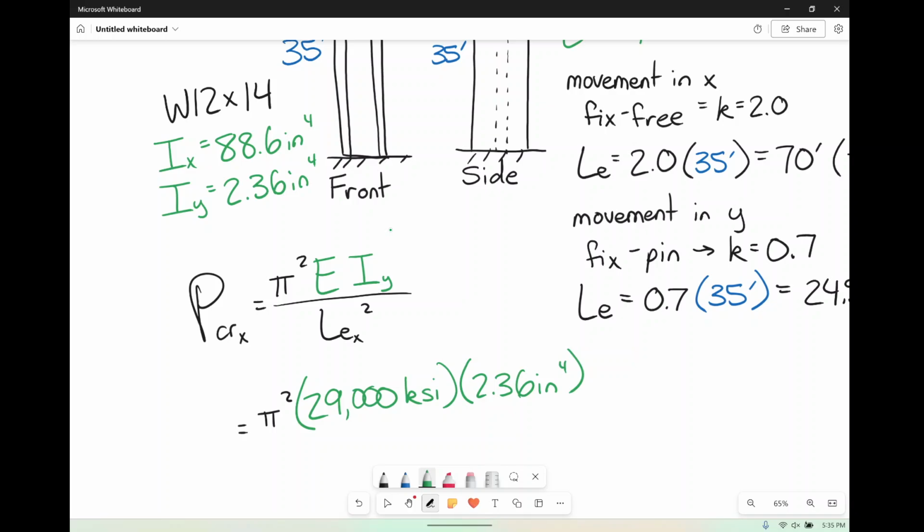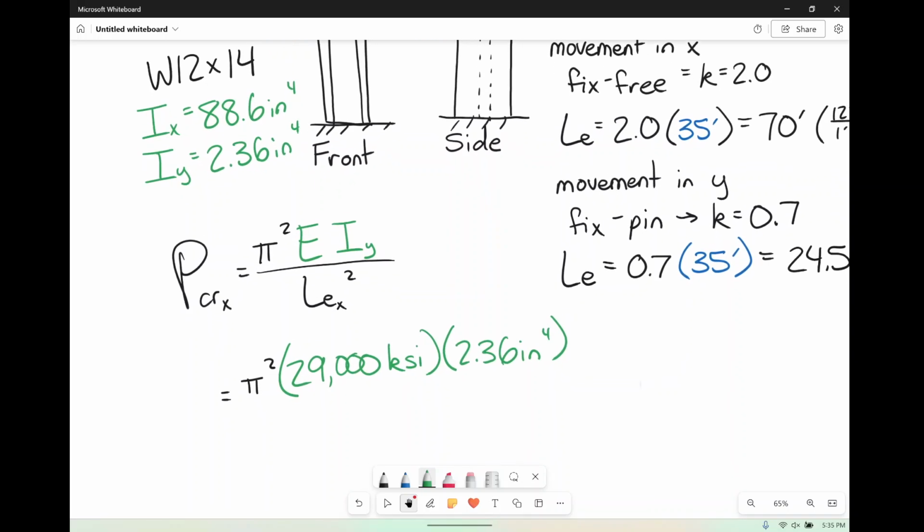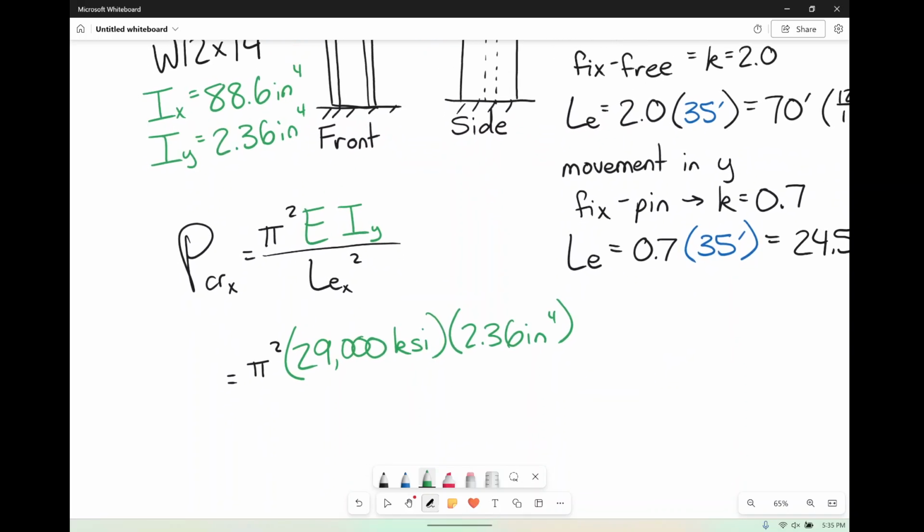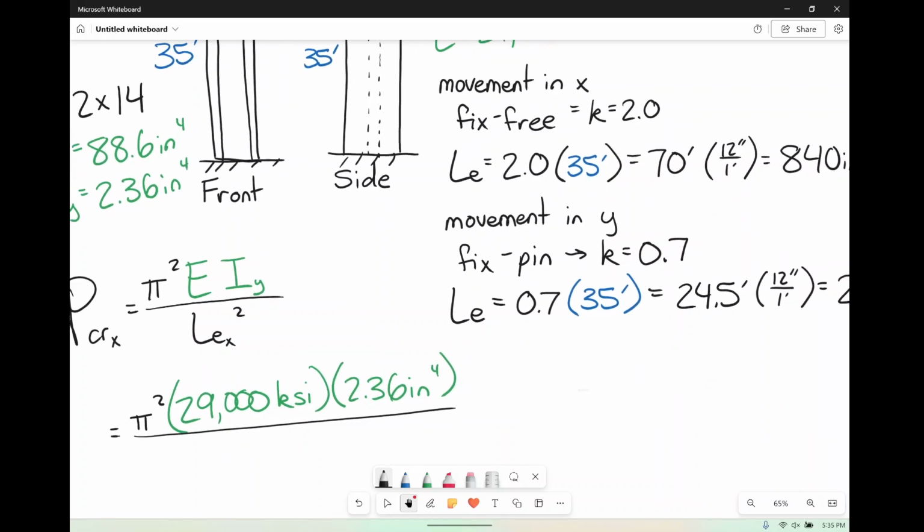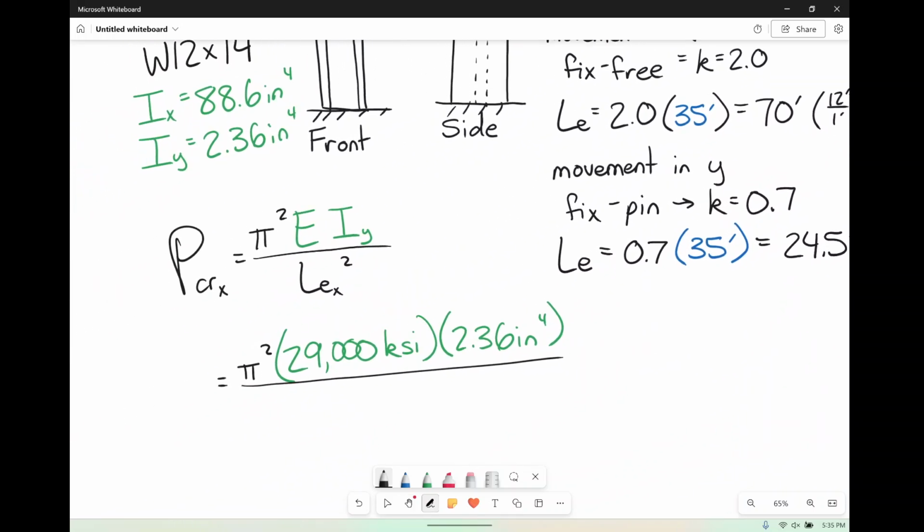You can now kind of guess why we have our inches for our length here. And then we're going to plug in, we said the x direction movements. We're looking at the restraints in the x direction, so that's 840. Again, it was in inches because now we're going to square that. Now we have inches squared and inches to the fourth on the top, and then kips per square inch.